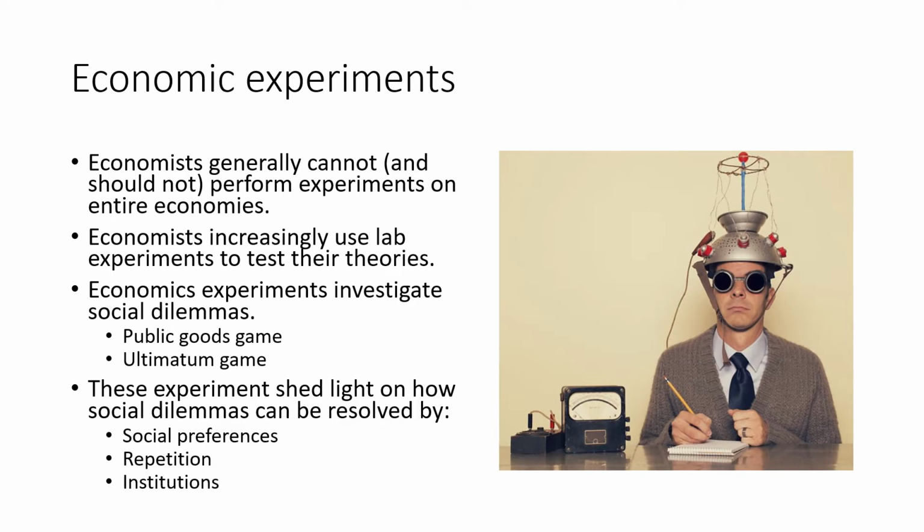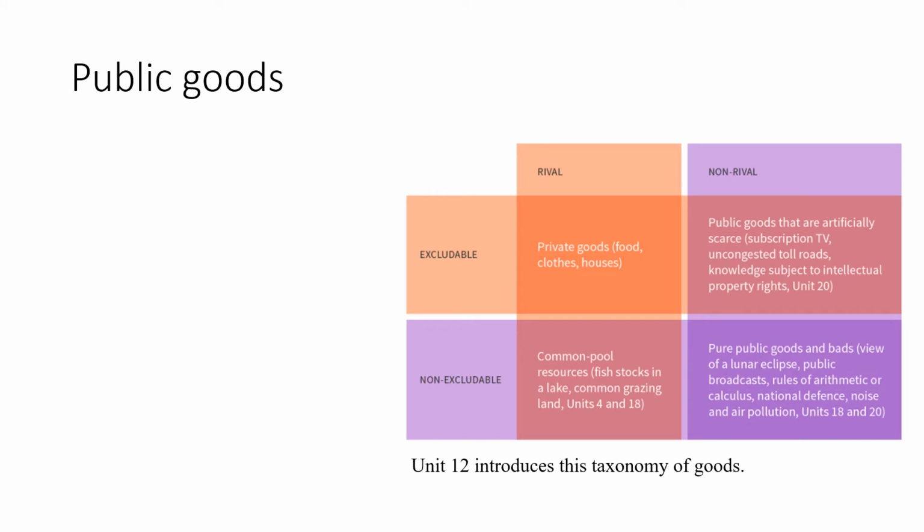Let's talk about an example for public goods, but before that, let's talk about what public goods are. As you can see in the figure on your right hand side, this introduces the taxonomy of public goods. Please get familiar with these concepts by continuing this video or reading your book.